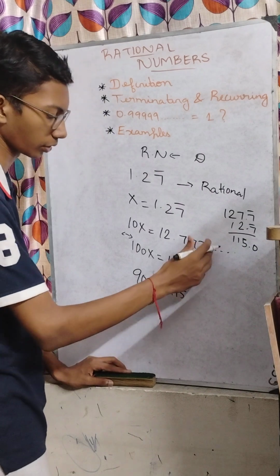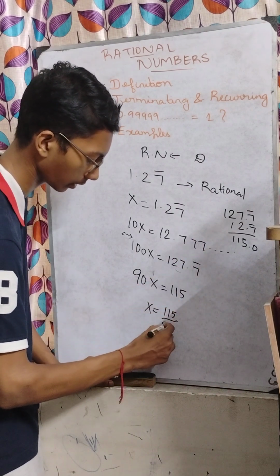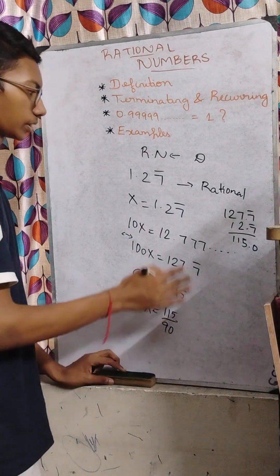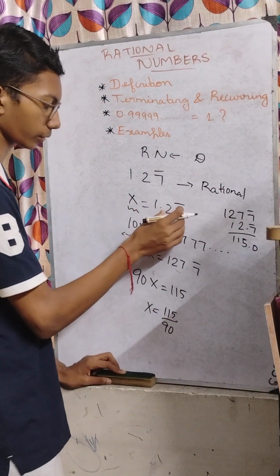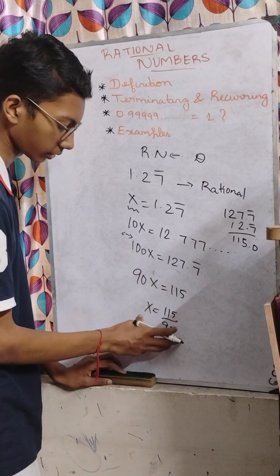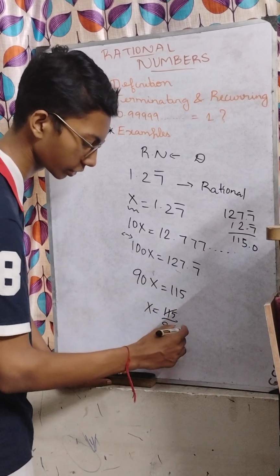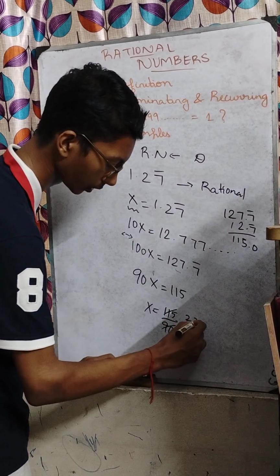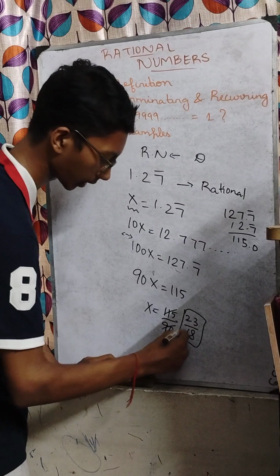So this is the answer we got. Now x equals 115 divided by 90. So the value we have is x equals 1.27 bar and the value we got is x equals 115 by 90. Again, we can divide both by 5, so we have 23 by 18. This is the final answer.